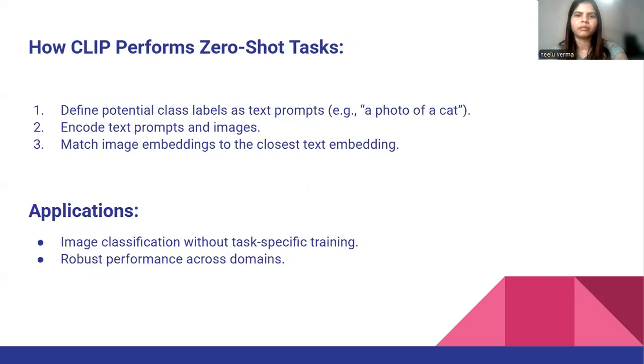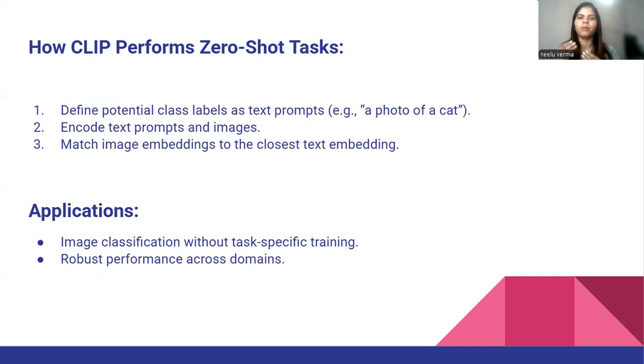So how does CLIP perform zero-shot classification? CLIP can classify images without extra training by treating class labels as text prompts. For example, if you want to check whether an image shows a cat, you use a text prompt like "a photo of a cat".